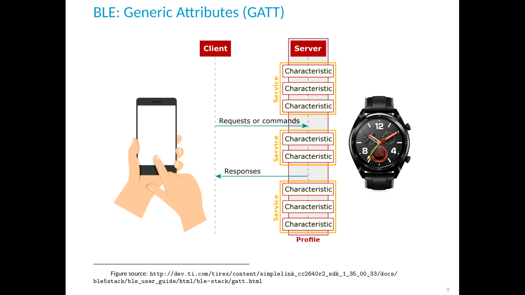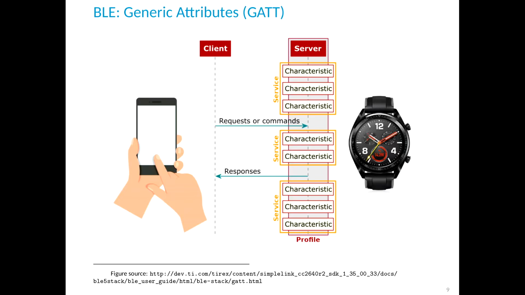The generic attributes define a hierarchical data structure that is exposed to connected Bluetooth Low Energy devices. The top level of the hierarchy is a profile, which contains one or more services. We can see the services here in orange. Each of these services contains characteristics, and you can read the values from these characteristics, or you can write a new value into a characteristic.